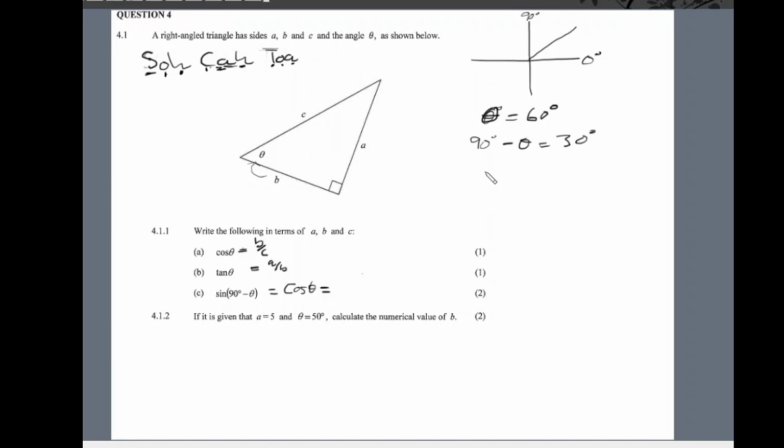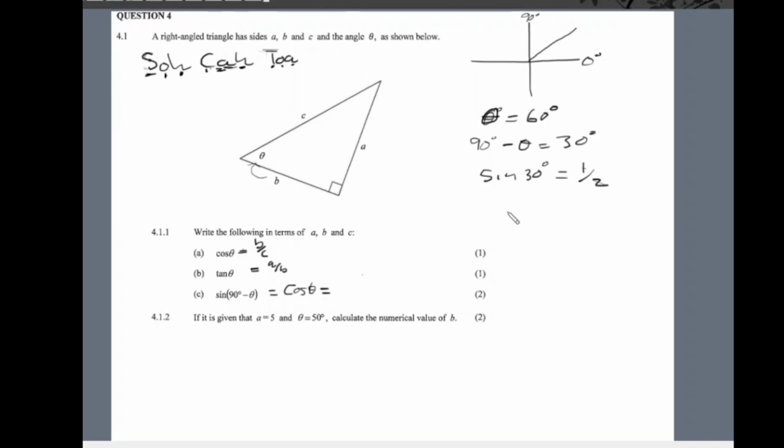So if you say sine of 30 degrees, press calculator yakho, uzokubona ukuthi that is equals to 1/2, ne? And then sithi thina sine of 90 minus theta is the same as cos theta. And then if you say cos, because theta is 60 degrees, if you say cos 60 degrees go calculator yakho, uzokubona ukuthi that is also 1/2.